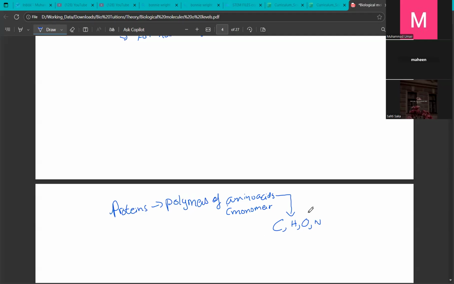Mainly, most of the time. Actually, every amino acid has carbon, hydrogen, oxygen, nitrogen, and some have sulfur as well. But हम उसको काउंट नहीं करते.